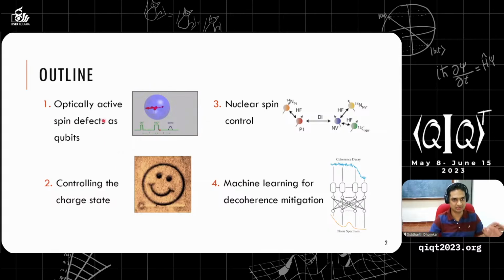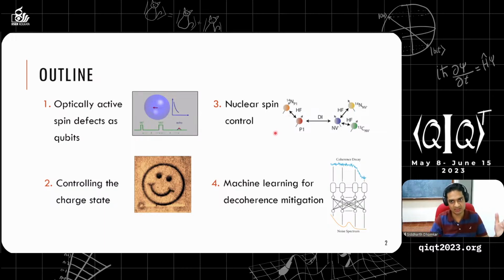Initially, I'll start with section 1. It's just going to be some generic properties of optically active spin defects as qubits, why they are useful at all. Then in the second section, I'll talk about something that is very important as far as these optically active spins are concerned, which is controlling their charge state, which is generally not a topic of interest for quantum information people.